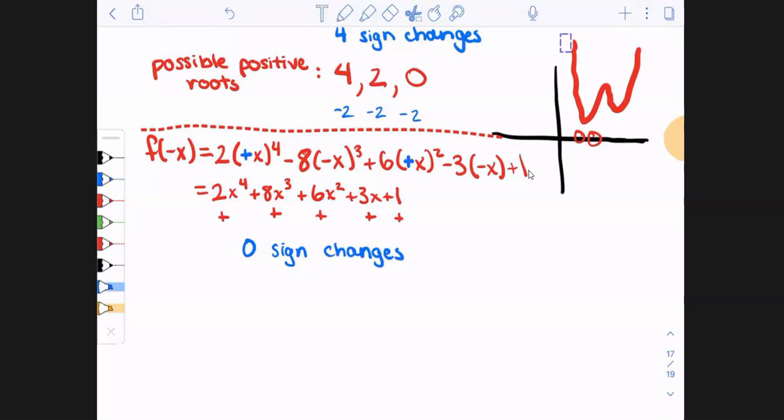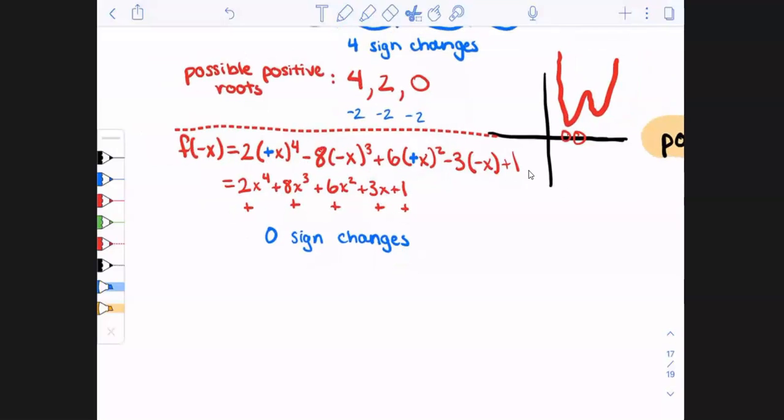Which means this graph does not have any x-intercepts on the negative side. So this never crosses over like this. It's always over here. So my possible negative roots are just 0.